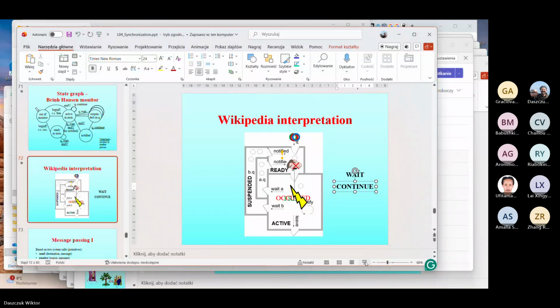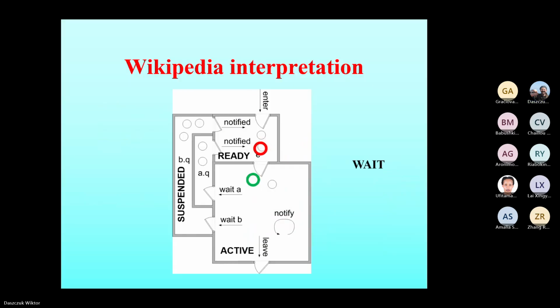And when the process executes what is called signal in Hoare monitor, here it is called continue. If it executes continue, it notifies the process that waits on a semaphore, and that process enters the waiting state for the critical section, but this exclamation mark shows that it waits with privilege.